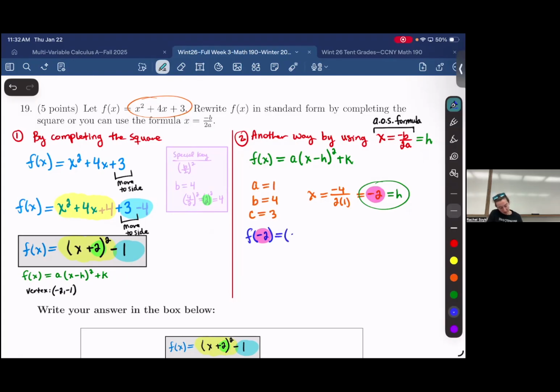And so we get -2 in parentheses squared plus 4 in parentheses -2 plus 3. 4 minus 8 plus 3, which gives us a -1. And so this tells us that our vertex is once again -2 comma -1.